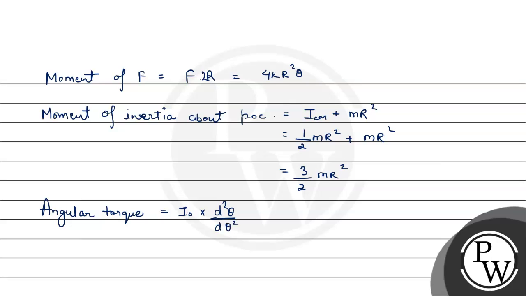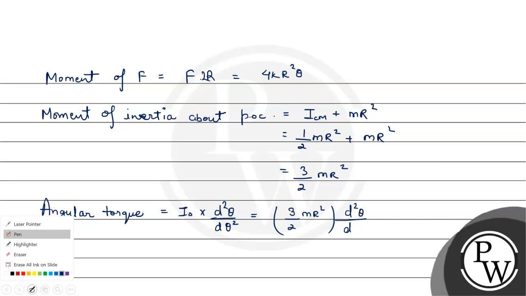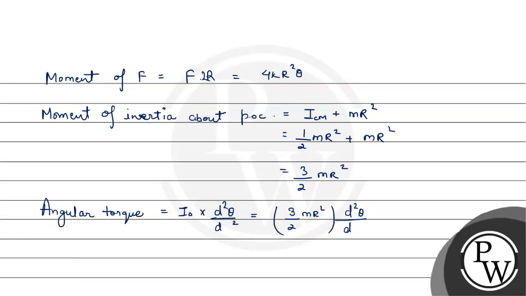It will be angular acceleration into moment of inertia. So it will be equal to 3 by 2 mr square times d2 theta upon dt2.